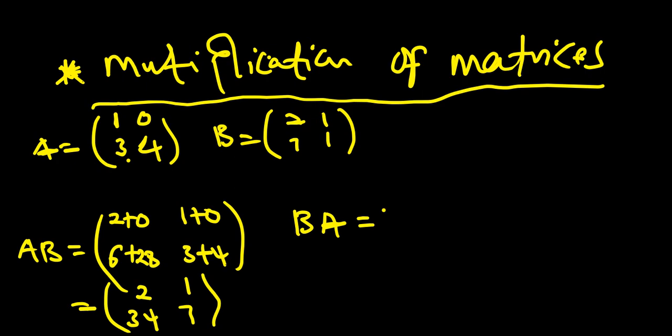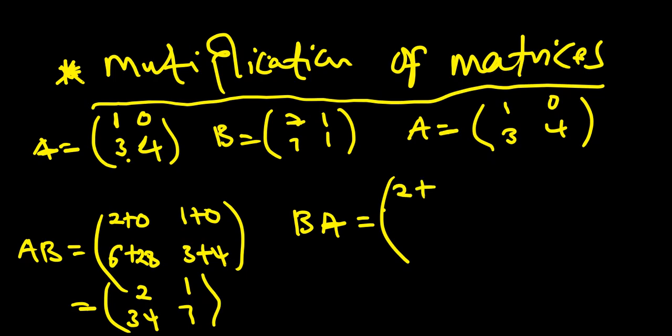So the matrix BA, we are now multiplying this with the A. Let me write the A in front here so that I do the multiplication correctly. So we are saying now 2 multiplied by 1, that would be 2, plus 1 multiplied by 3 to be 3. 2 multiplied by 0, it will be 0, plus 1 multiplied by 4, it will be 4.